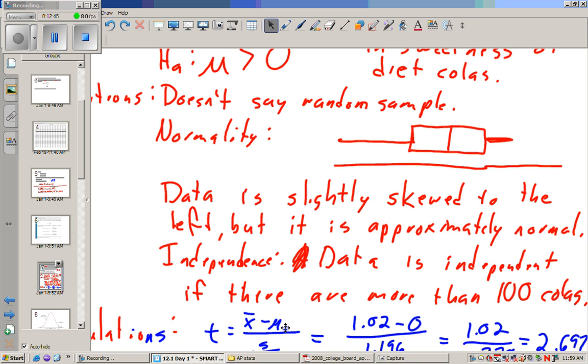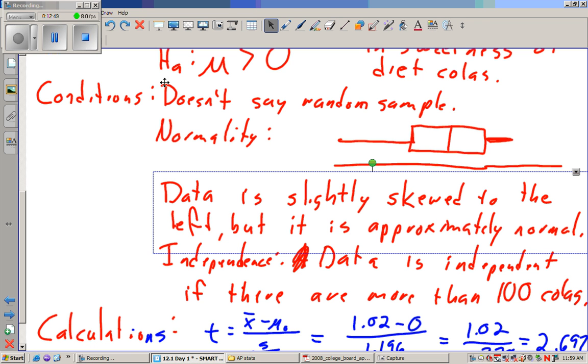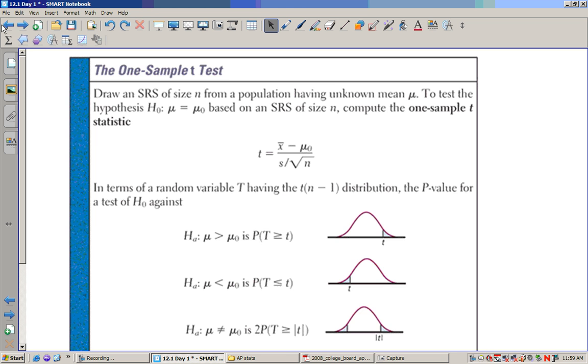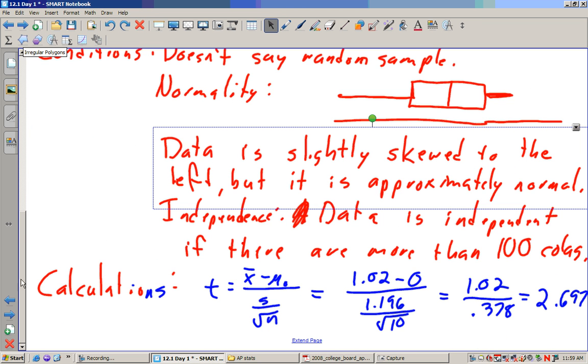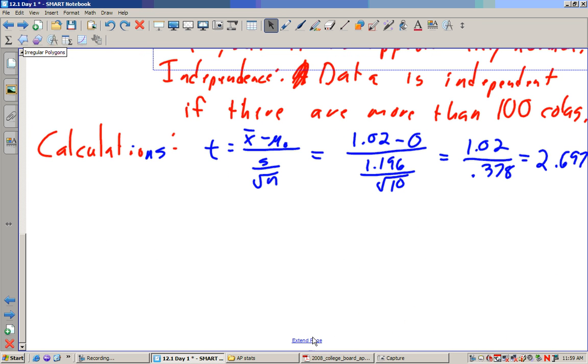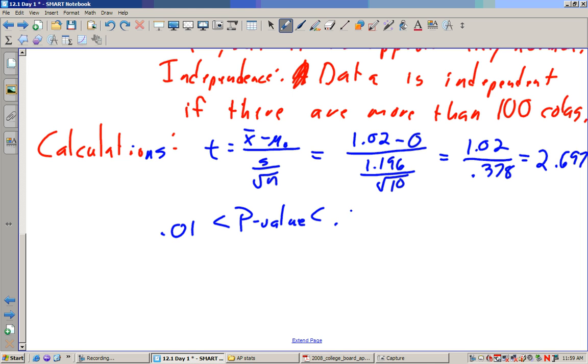So we could write the p-value is between 0.01 and 0.02, and that would be all that you need for the calculations.